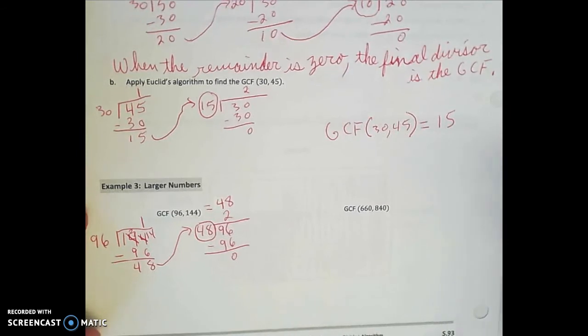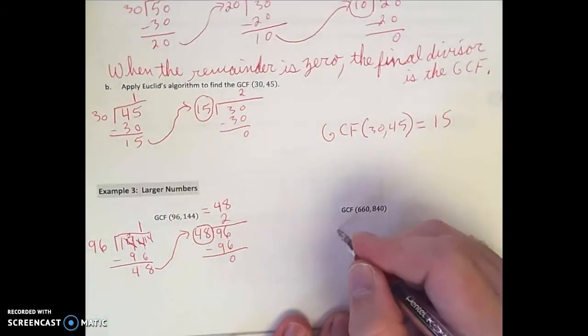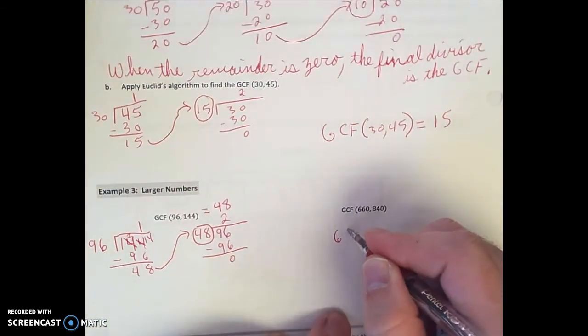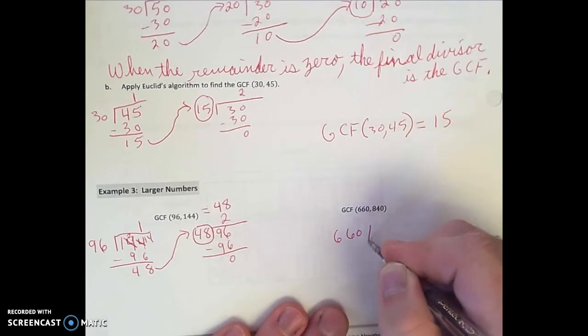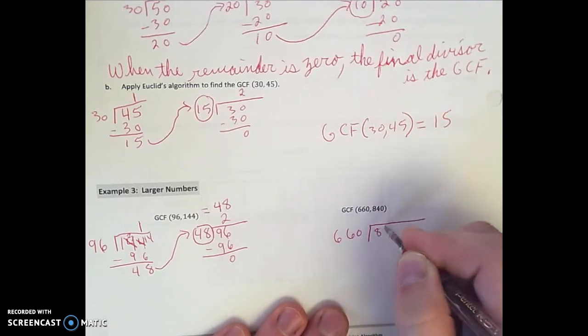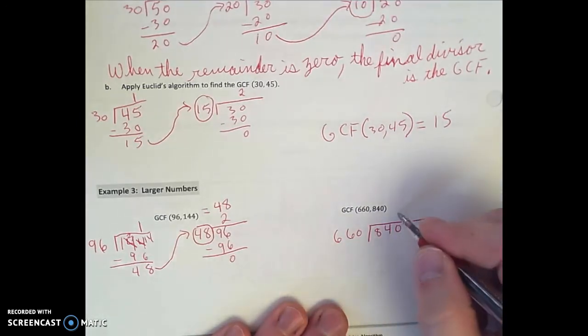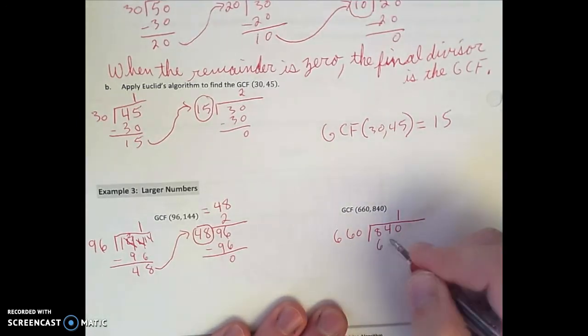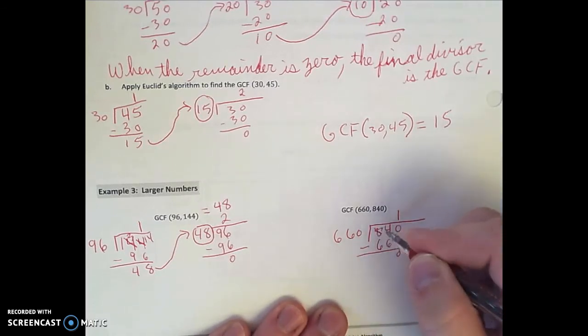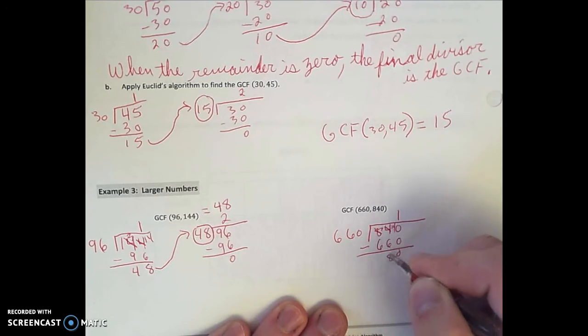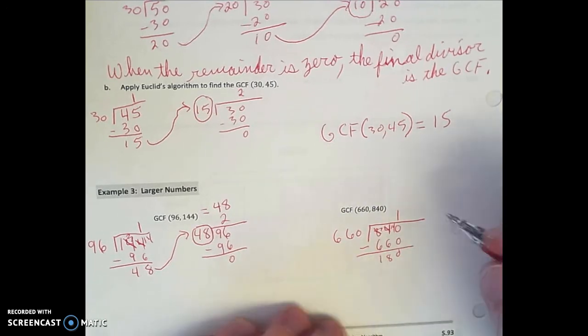Now we take a look at even larger numbers, but the pattern will stay the same. So we have 660 on the outside, 840 goes on the inside. So 660 times 1 gets us 660. We have a remainder of 180.